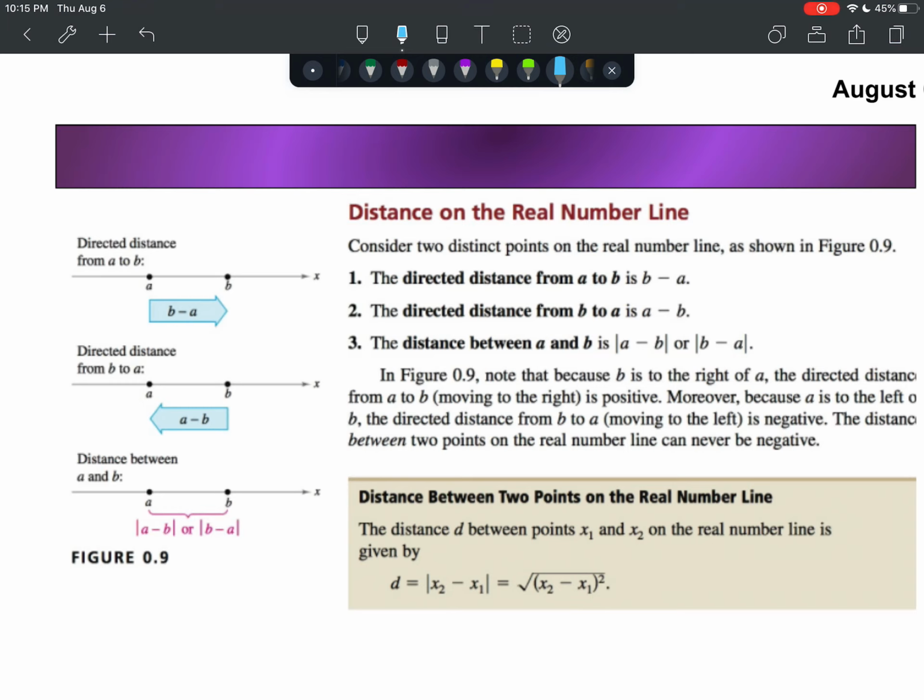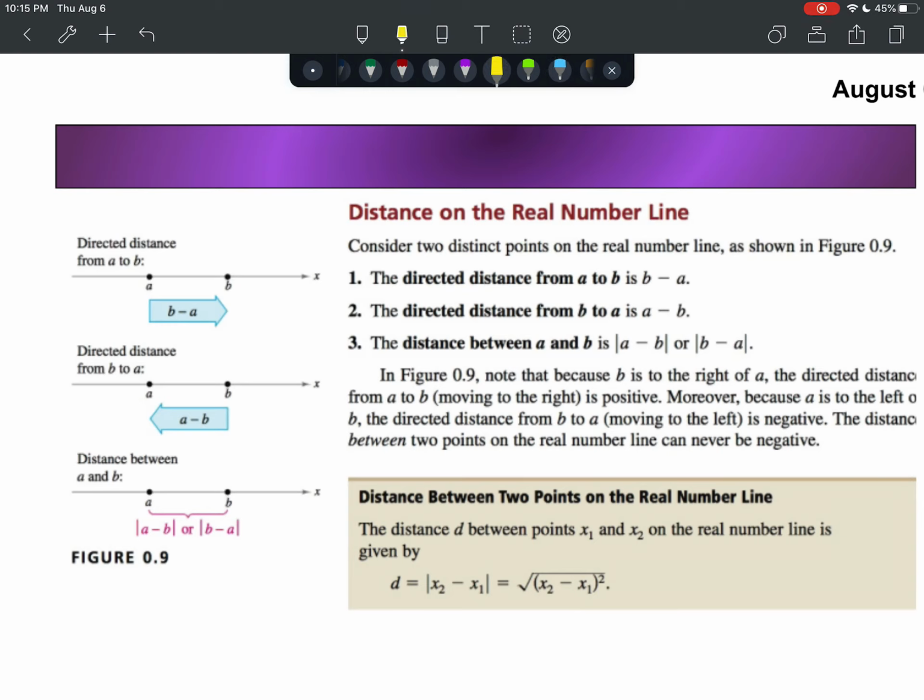The negative shows you the direction. The distance is positive. So if you're moving in a negative direction, you're going to have a negative distance for the directed distance. So a lot to kind of take in there, unless you've been in a physics class, and then this completely makes sense.